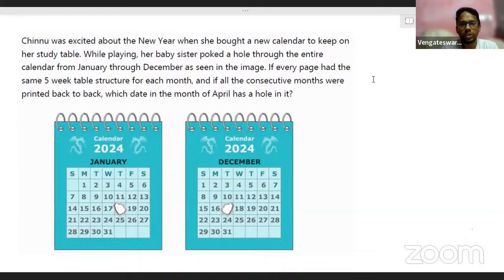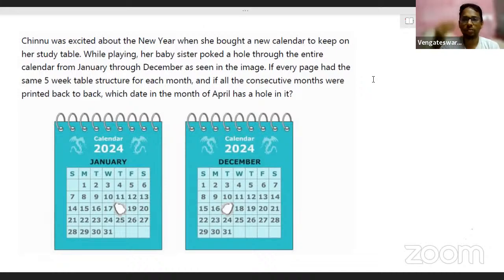Okay, let me quickly explain this question. So Chinnu is having a calendar of the year 2024. A baby sister poked a hole there, and so what happened is the hole went through each and every page of the calendar.